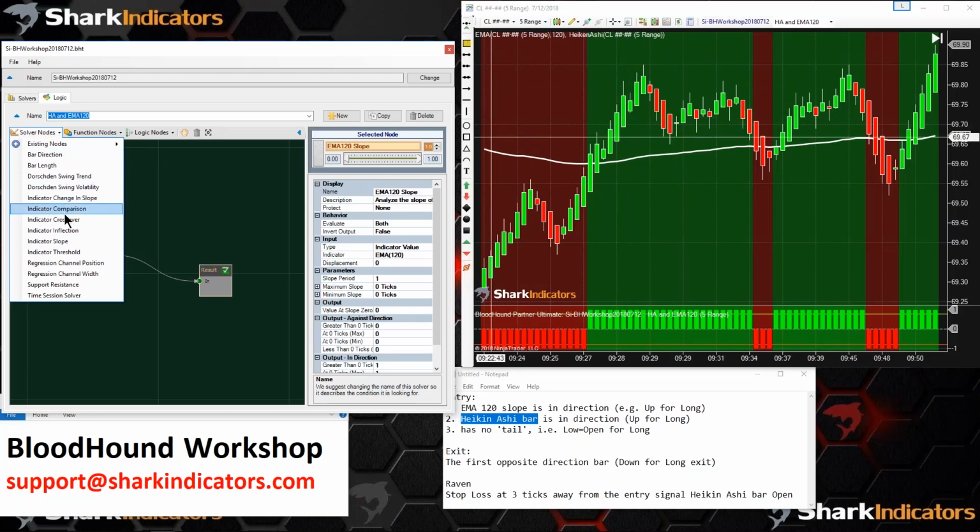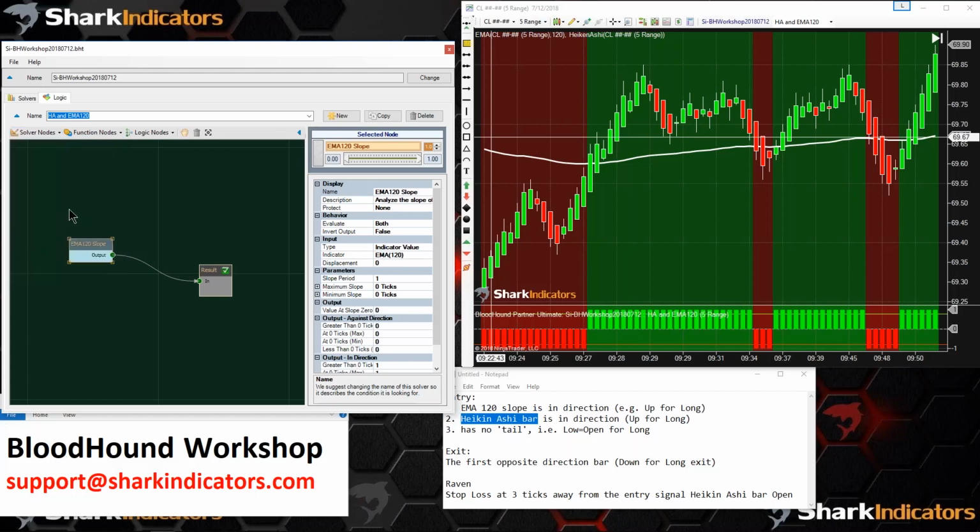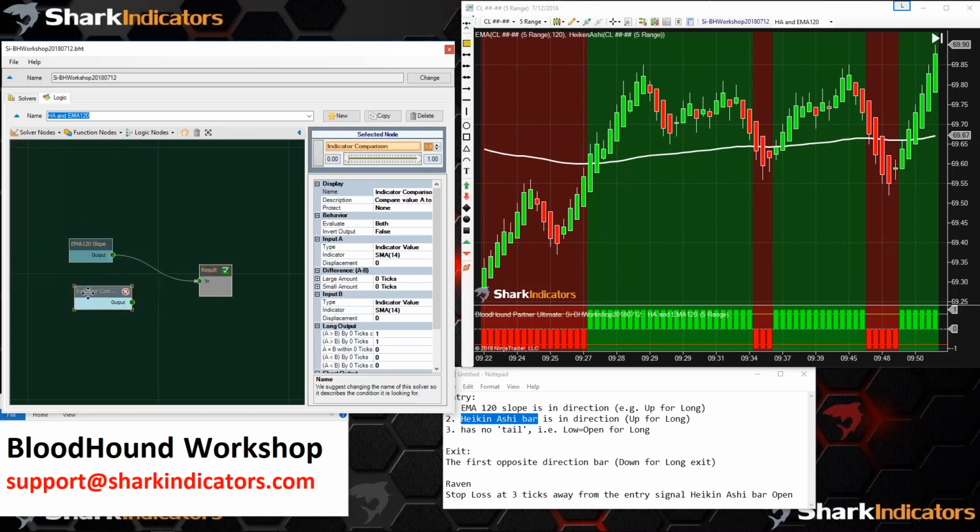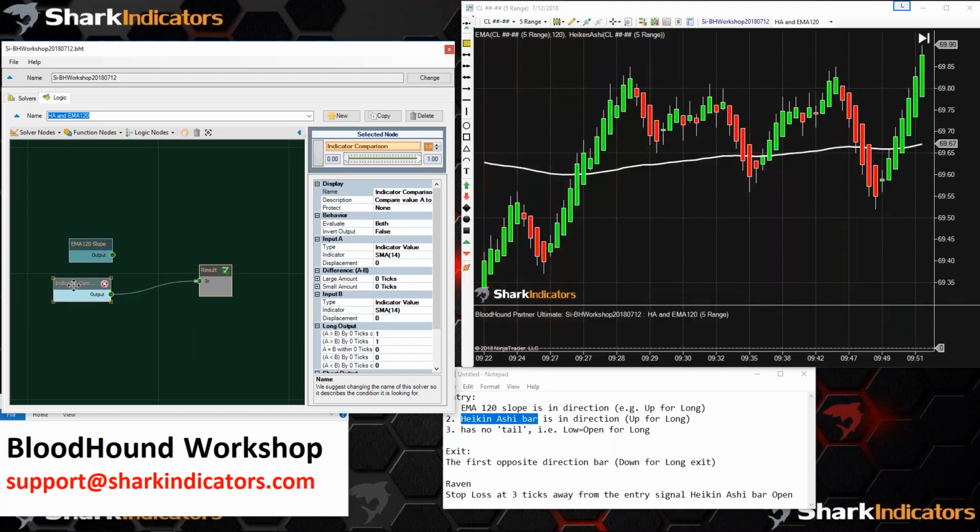So what we'll need instead is a comparison solver. And so how do you determine the direction of a bar? Quite simple. You compare the open to the close and the close to the open. So that's what we'll do, is we'll compare the open price of the Heiken Ashi to the close price of the Heiken Ashi. So let's plug that in here.